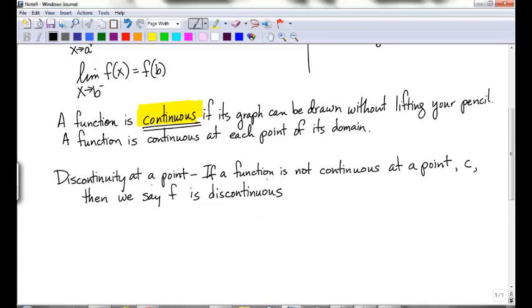It's discontinuous at C, and C is called a point of discontinuity.